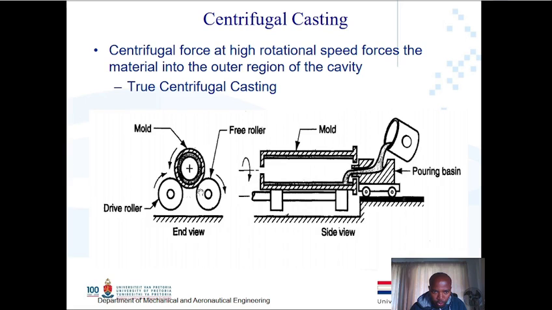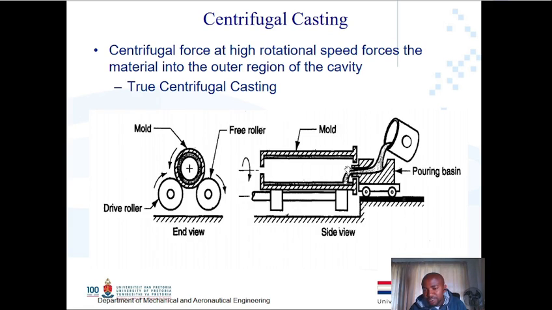Think about it, you can have this drive roller in the center, maybe on this side. Look at this picture, side view. You can have that driver roller attached directly there like your gear system, and then on the other side of that molding procedure you can have your pouring point.